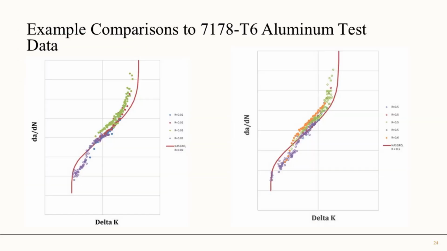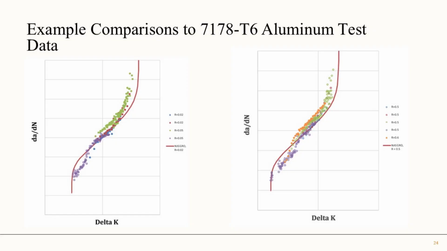But here's a situation where if you look at an example fit, here is a comparison for 7178 T6. These data were generated at the U.S. Air Force Academy, and you can see what happens. The fit has a problem when we look at the lower end.